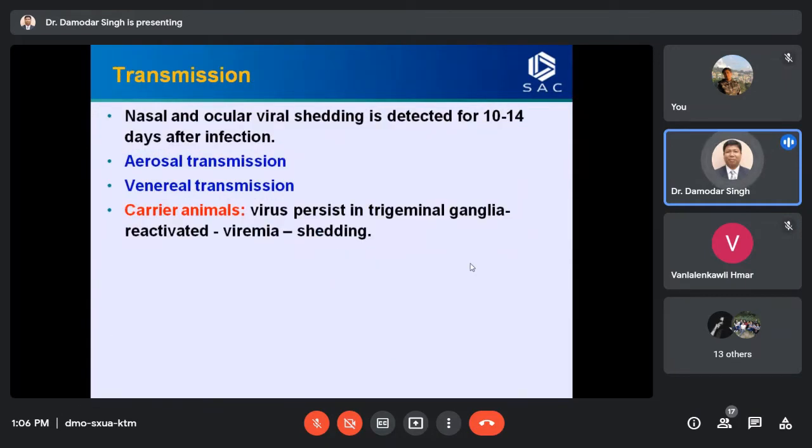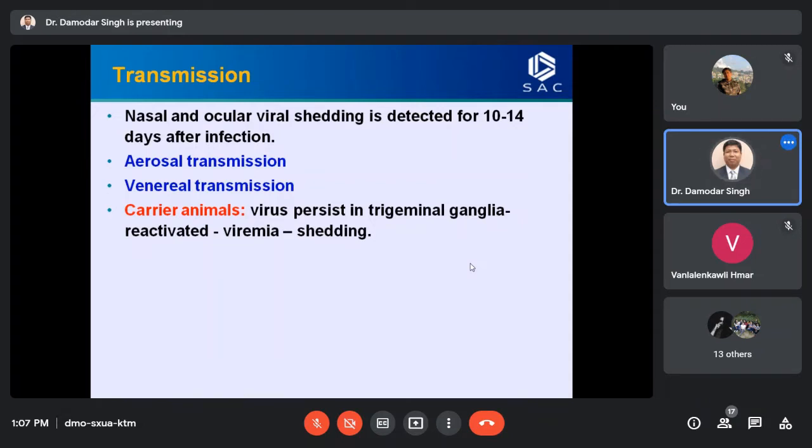Coming to transmission, mainly the nasal and ocular discharges coming out of infected animals contain viral particles, and they go on shedding these virus particles along with the discharges, which can be detected for 10 to 14 days after infection.